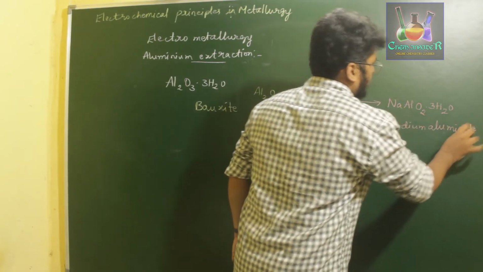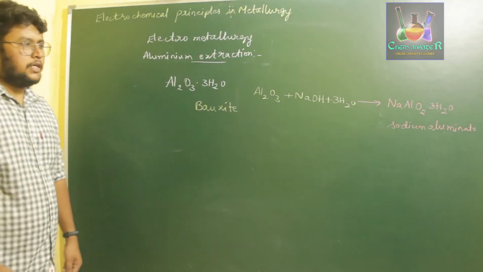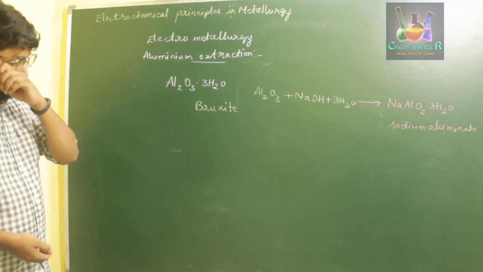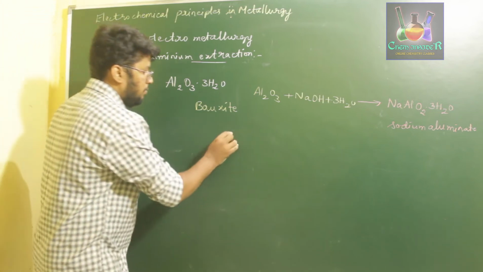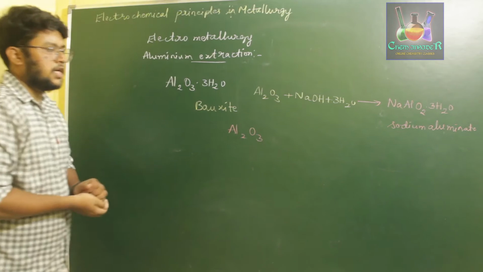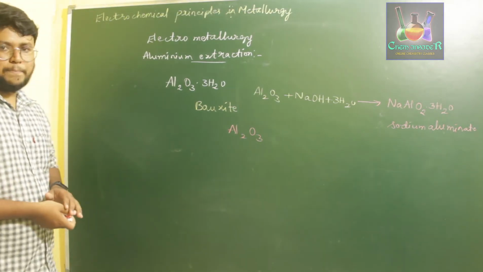This sodium aluminate in the aqueous state is further precipitated to its respective aluminium oxide, again Al2O3. Now we don't have any impurities; most of the impurities have been removed completely.